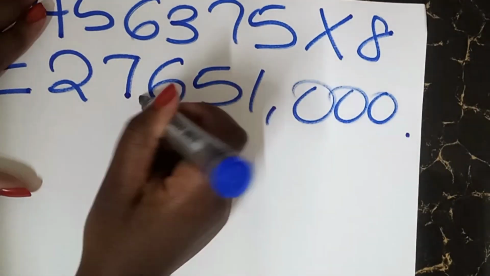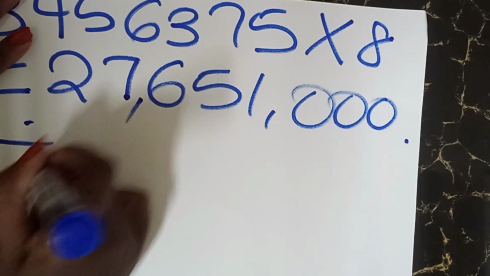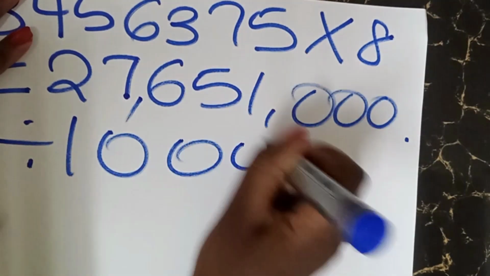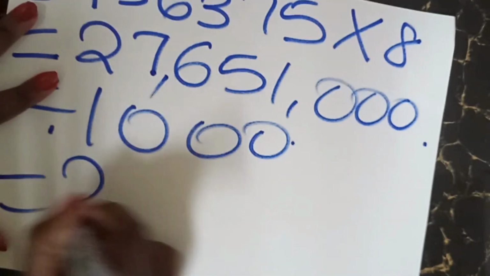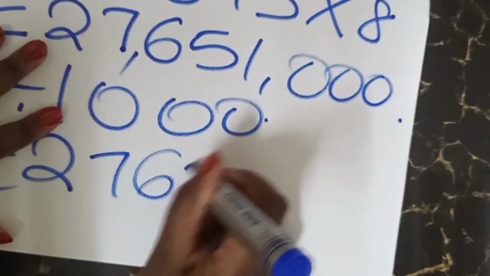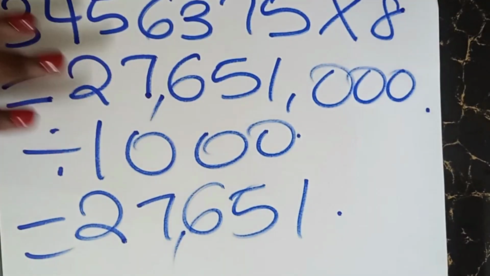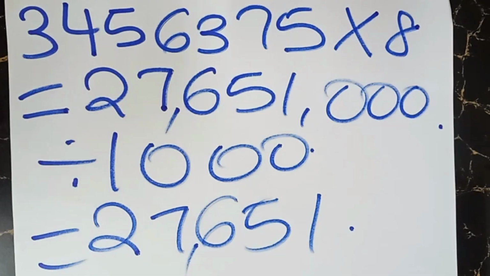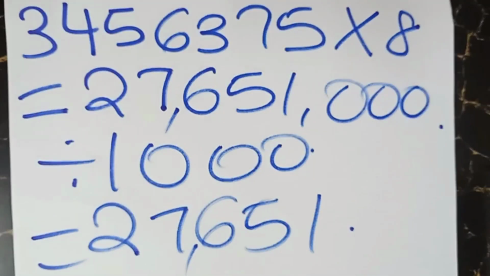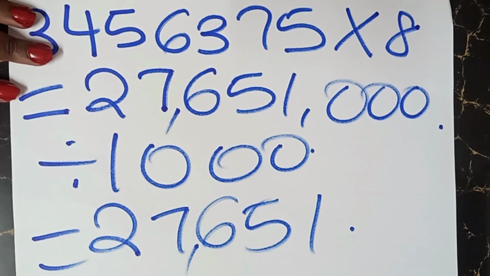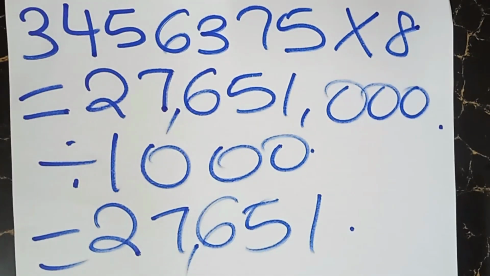Okay? Yes, and when you divide it by 1000, the zeros cancel out and you're left with this. Okay? And this is the answer to that question. Quite easily done. So let's go through one last example.